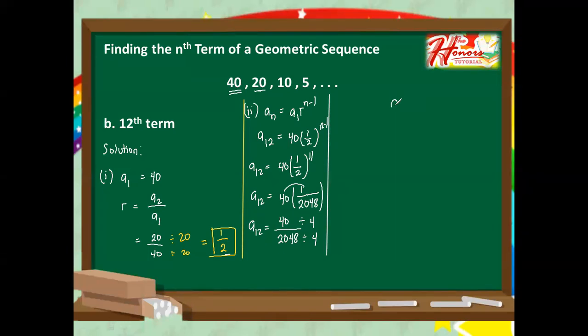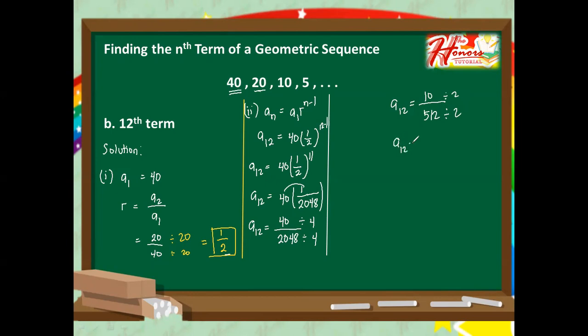So we have here a sub 12 is equal to 40 divided by 4, that's 10, over 2048 divided by 4 is 512. There's still a number that can divide the numerator and denominator at the same time without remainder, and that's 2. So let's divide.